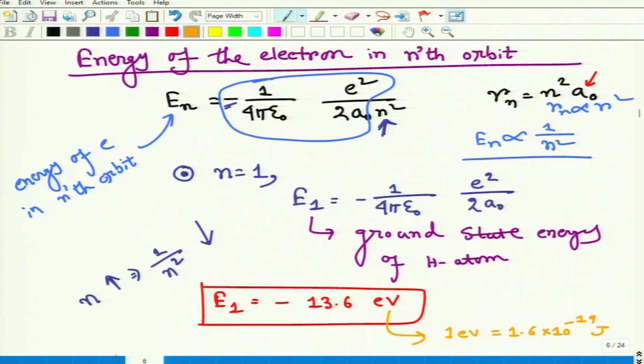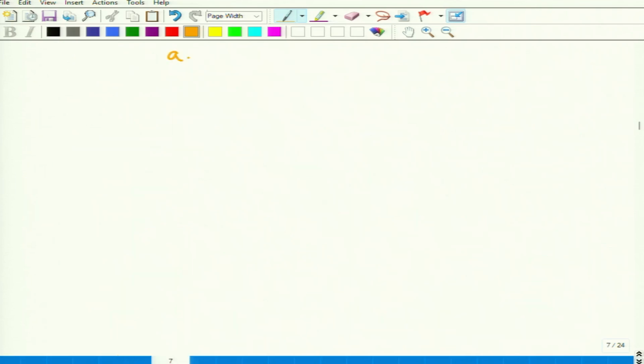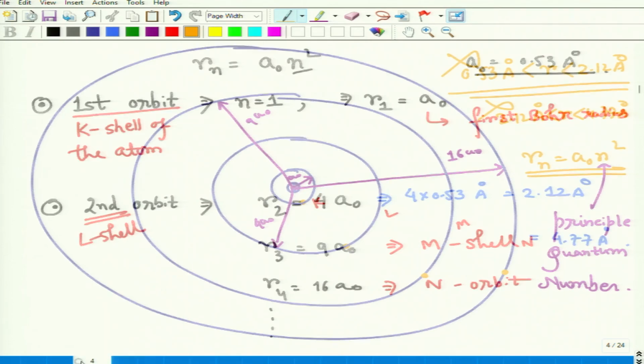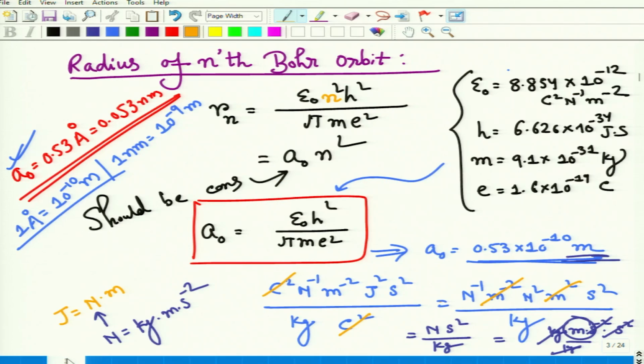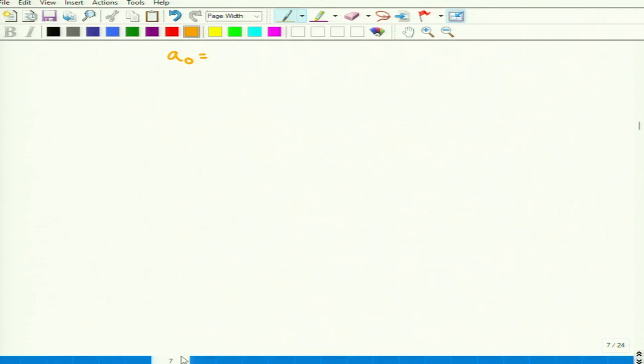We can put the value of A0. What was A0? A0 was epsilon naught h square divided by pi m e square, and E1 was e square divided by 4 pi epsilon naught A0.